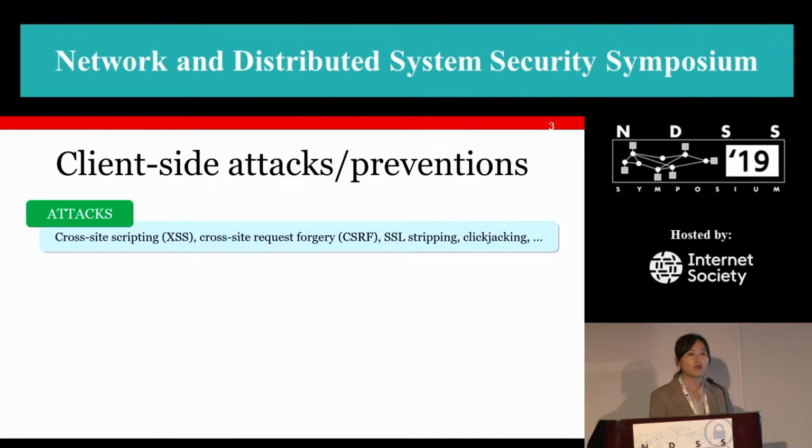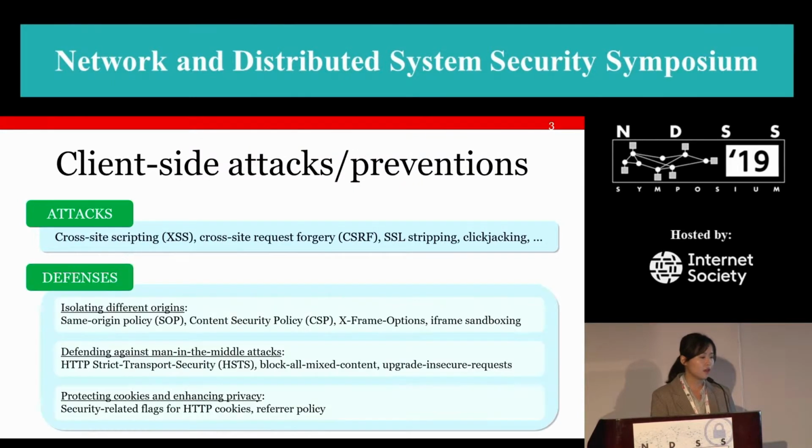In the desktop world, web apps have historically been vulnerable to a wide range of client-side attacks, such as cross-site scripting, CSRF, and clickjacking. To protect users of vulnerable web apps, different security mechanisms have gradually been introduced to prevent against these attacks over the past years.